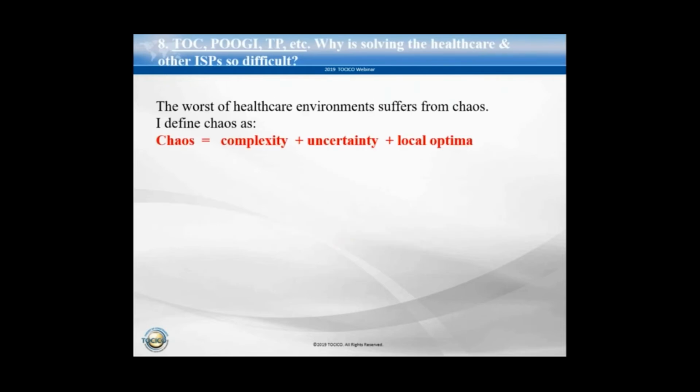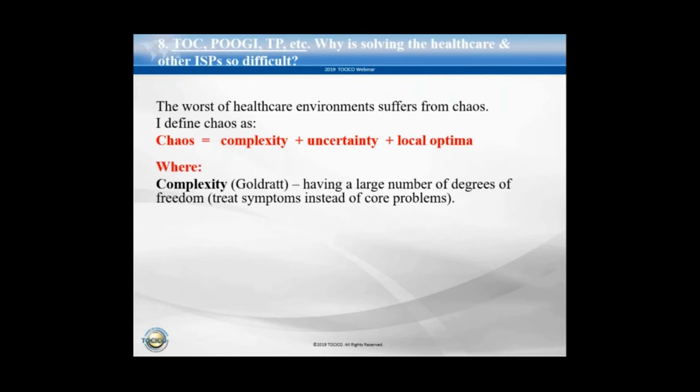The eighth tool that I use is numerous TOC tools. I'm trying to reduce the chaos. I define chaos as complexity, uncertainty, and local optima, all existing in the same environment. Complexity is the environment we see where we have traditional management, traditional people actually addressing a symptom instead of the core problem.